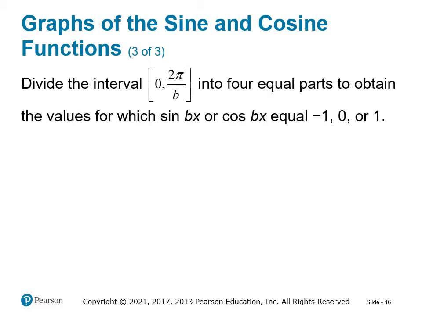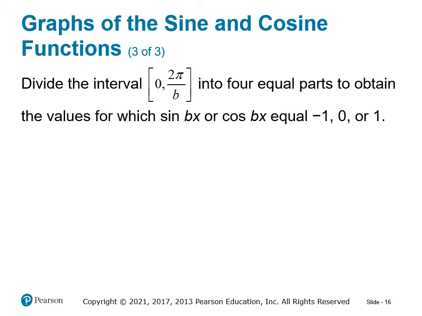So how do we do this? Well, what you want to do is divide the interval. Now this is the new period, 2 pi over b. You might not have noticed that before, but when the multiplier was 2, we got a period of just pi. When b was 4, we got a period of pi over 2.